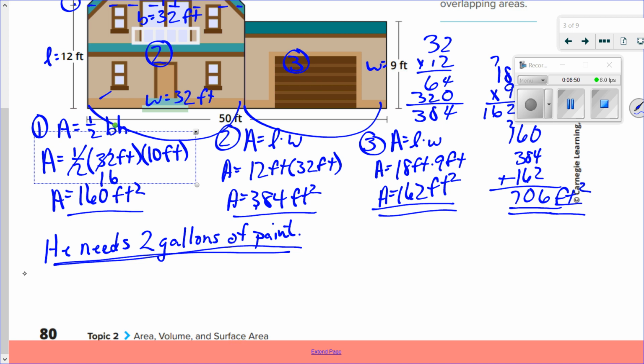Write the base formula, identify your base and height, length, and width, put the correct numbers in, you should be fine. Overall, your math skills aren't that bad. There's a few that still need some basic work on multiplication, but most of you are doing pretty decently on that.